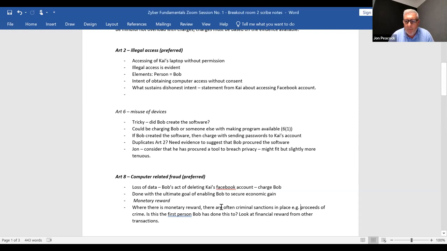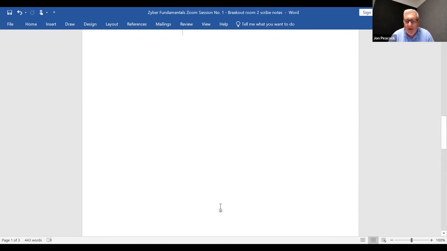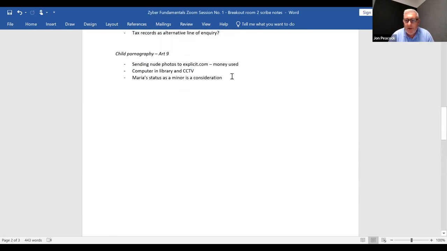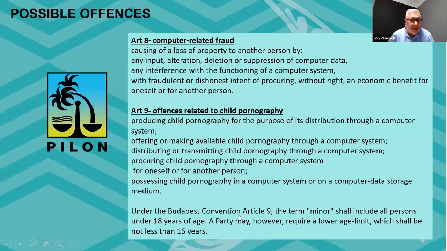So whether or not there is an element in that charge to knowingly produce, or knowing that the person is underage, whether that's a valid assessment or something to consider in relation to those offences. So that might be something to think about moving forward as well.